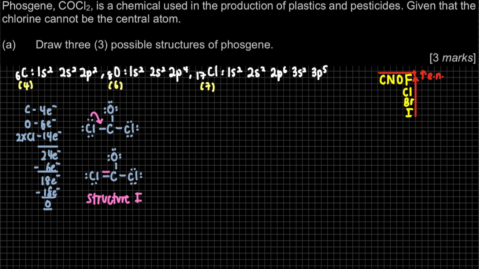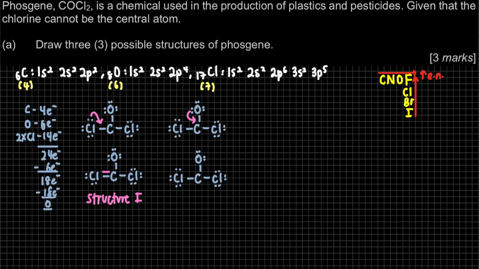So I'm going to draw this one again. For structure 1, we have sharing from this chlorine. So for structure 2, it's up to you whether you want to share the electron from this oxygen or from this chlorine. Both are fine. But I'm just going to start with this oxygen. So right now this oxygen will share the electron.